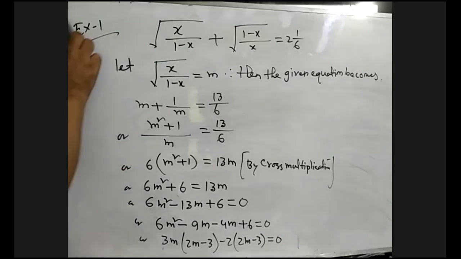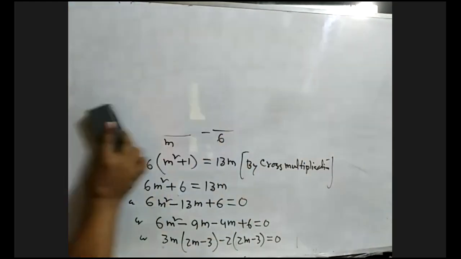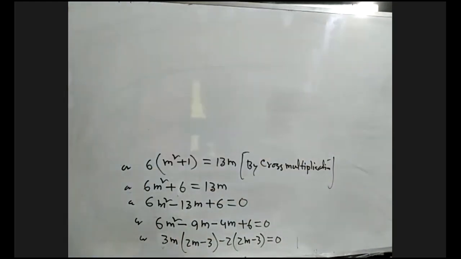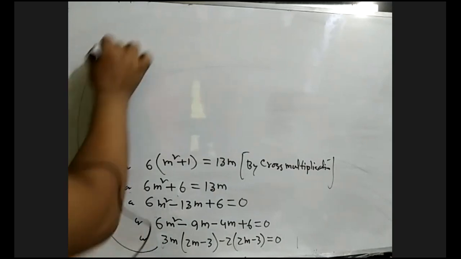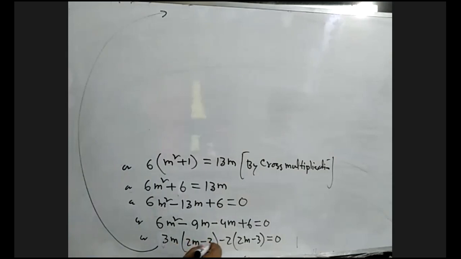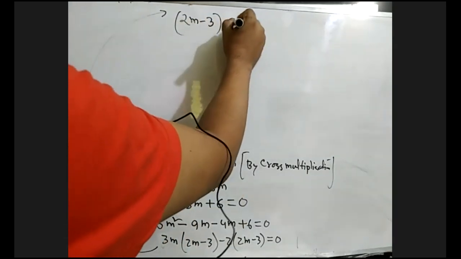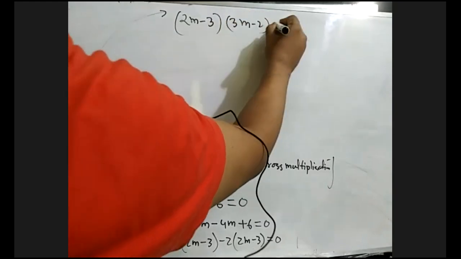After this line, 2m minus 3 will be common. 2m minus 3 and 3m minus 2 equals 0.